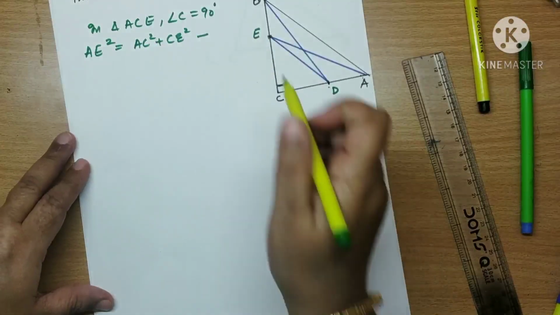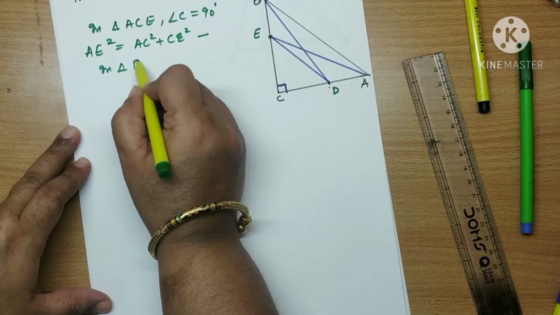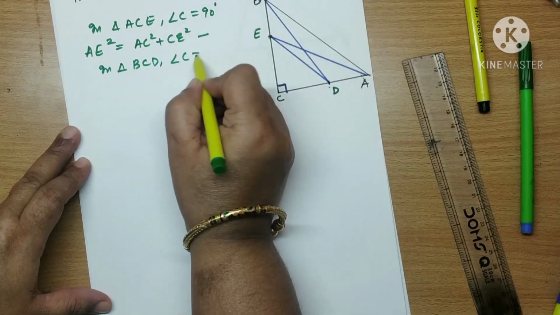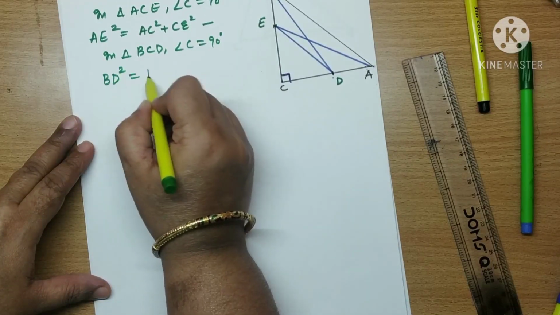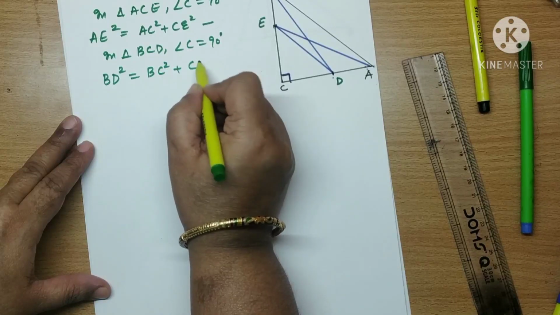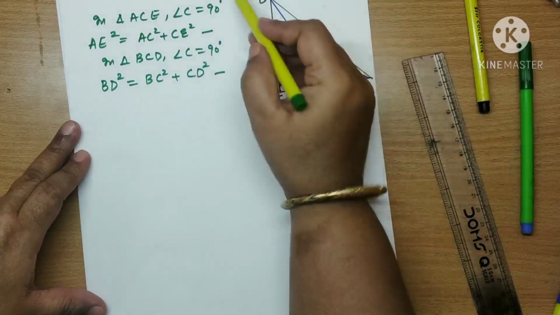Right? Next, BD is also a hypotenuse. So in triangle BCD, angle C is 90, which gives me BD square is equal to BC square plus CD square. Next, AB is also a hypotenuse.